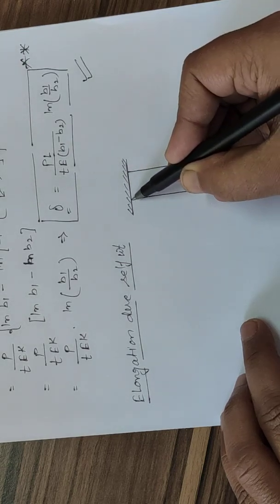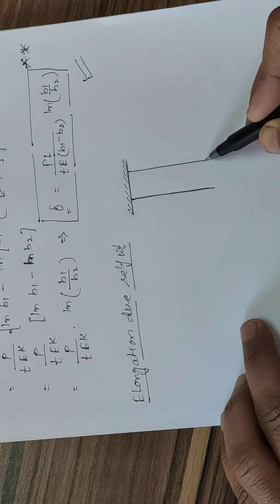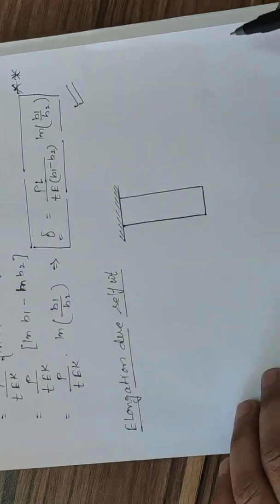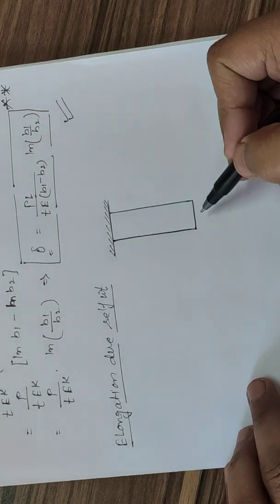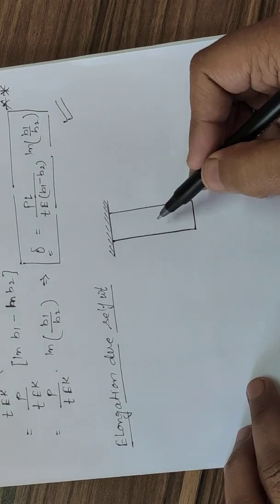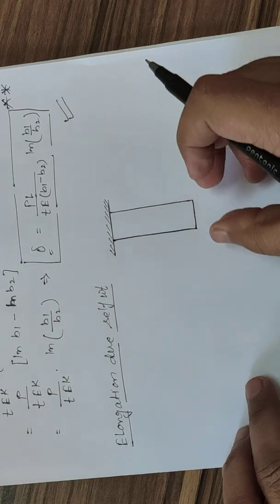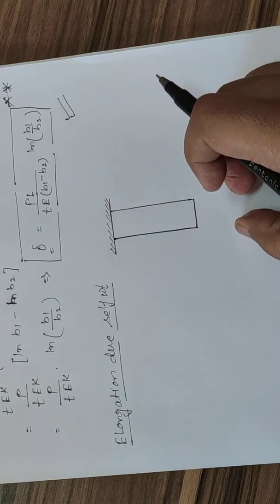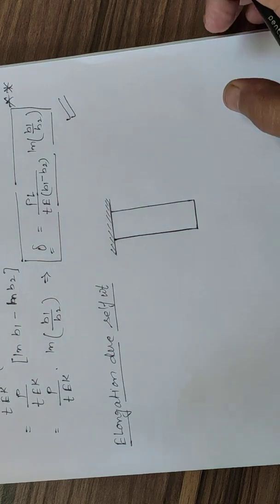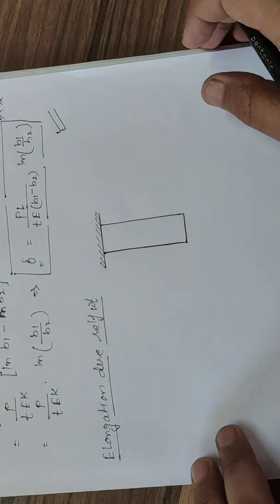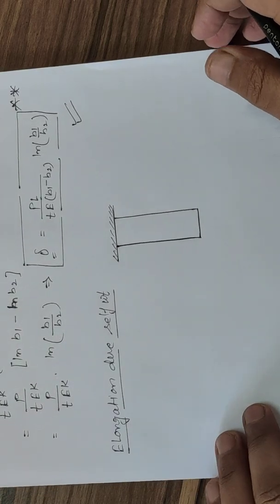Now this is the rectangular member. This member has weight, which will act in the downward direction, and due to this weight the length of the member will increase. So we have to calculate the elongation due to self weight.